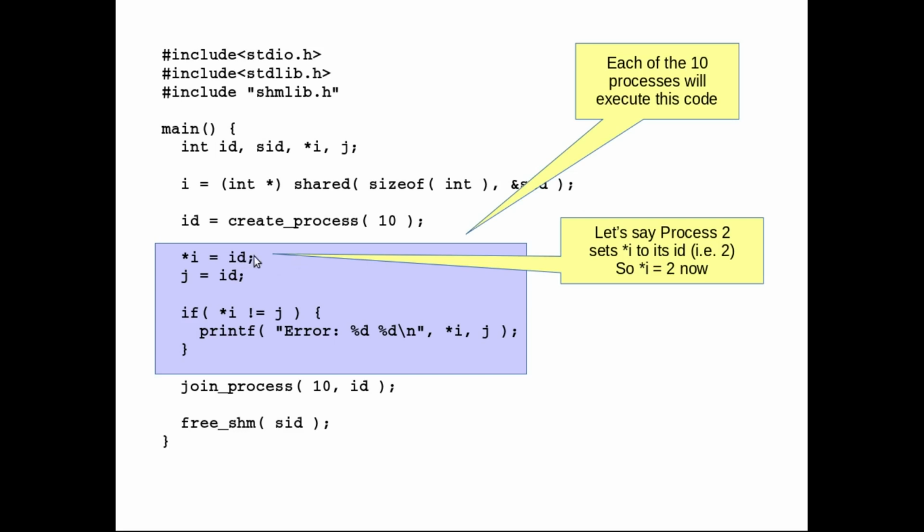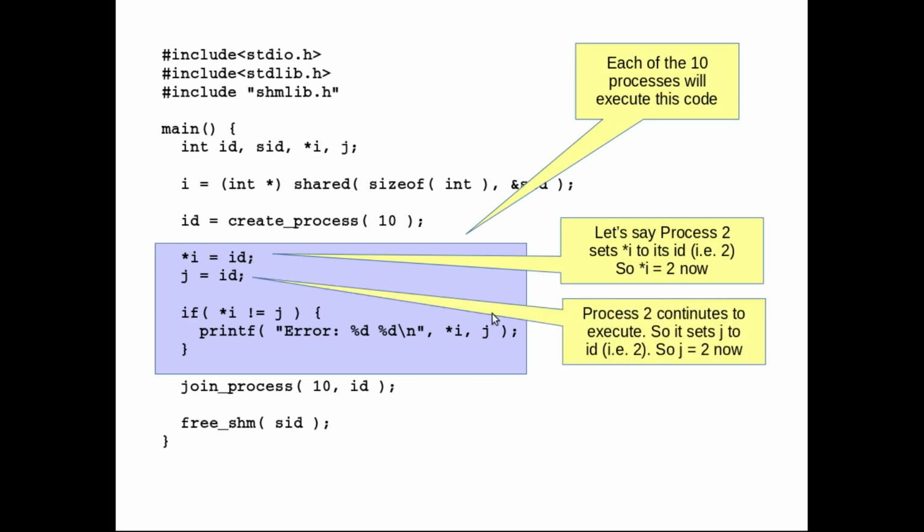So when this statement is executed, 2 will be stored in the shared variable, and then process 2 continues and executes the next statement, and when the next statement is executed, the value 2 will be stored in the private copy j of process 2.